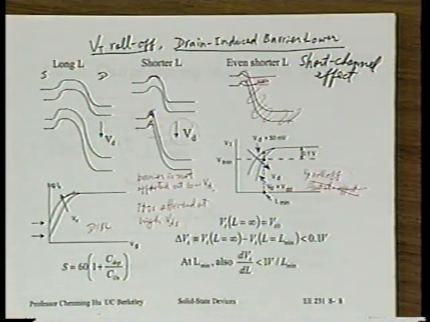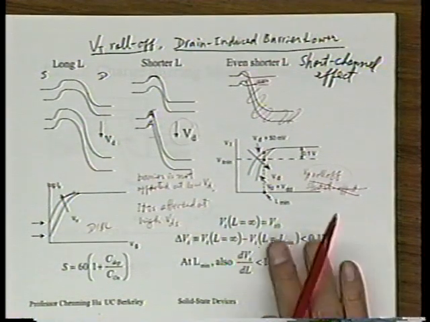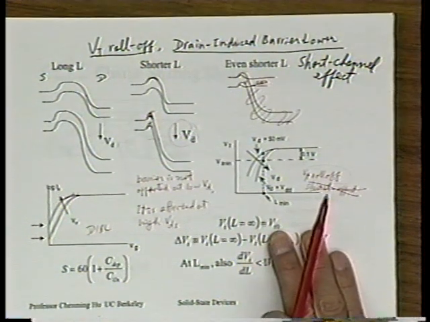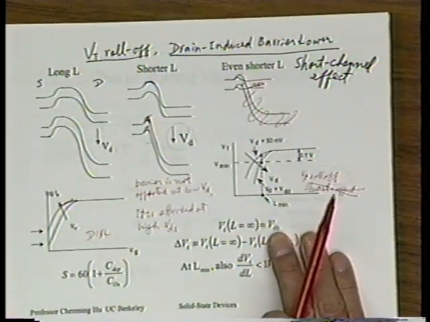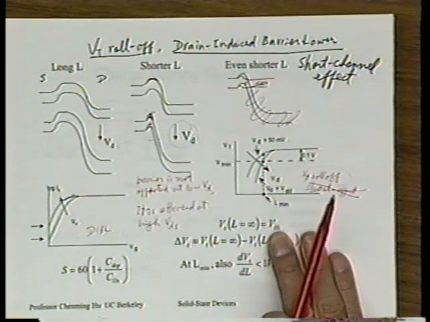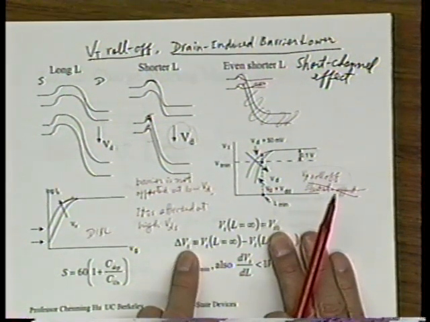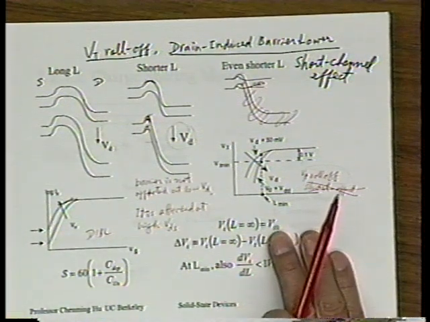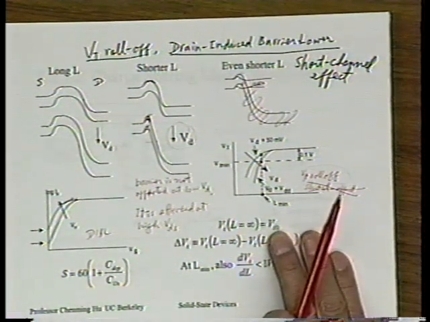And that quantity is typically a positive number. That is, as channel length is not infinite, then this VT is always smaller than the infinite L VT. Therefore, delta VT is usually a positive number. Later we will show you special cases when it's not. But that's the picture we want to keep today, all right?